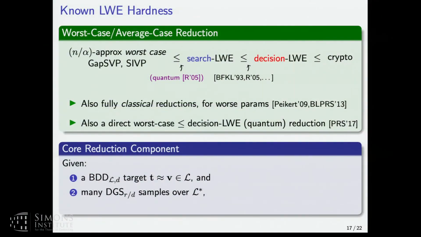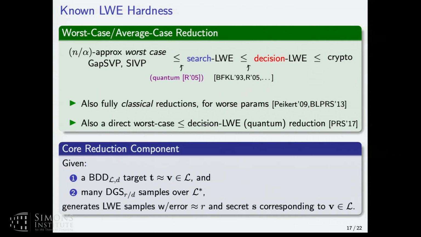So we have one target, many such Gaussian samples, and notice the dependence on d here: the width of the Gaussian is inversely proportional to the BDD distance. Given these two kinds of inputs, this component generates LWE samples. The LWE samples will have a secret S that basically corresponds to the closest vector, the solution to BDD.